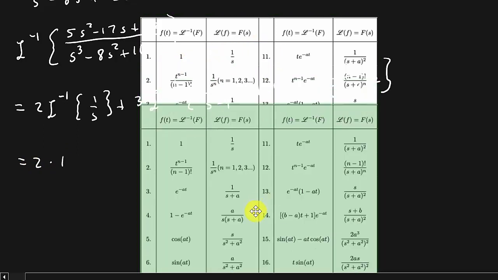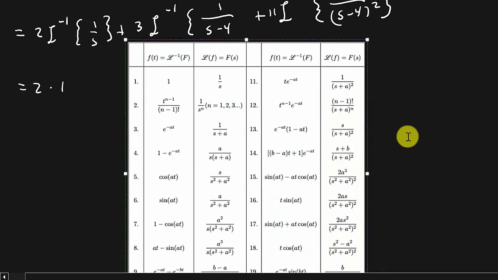All right, let's look at the next one. What about this one? 1 over s minus 4. Do I have anything like that? Well, I've got this, don't I?